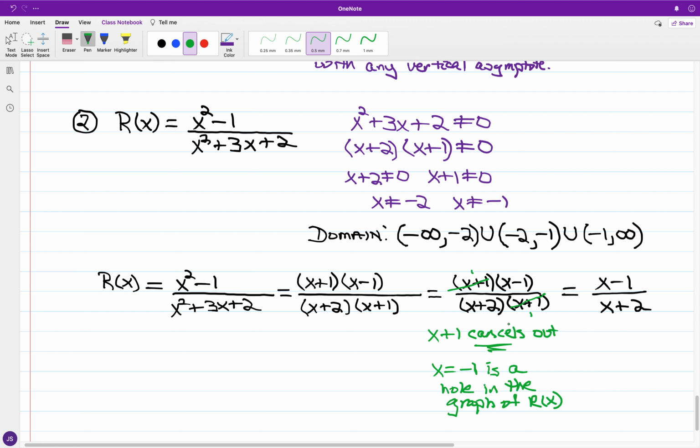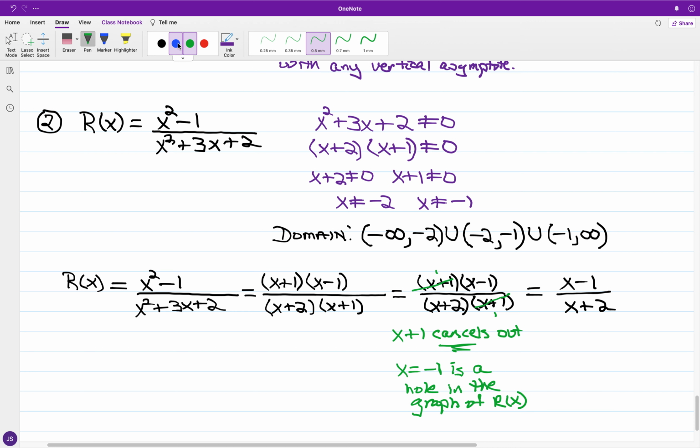So if you got complete cancellation, that 0 is not a vertical asymptote, but a hole in the graph.